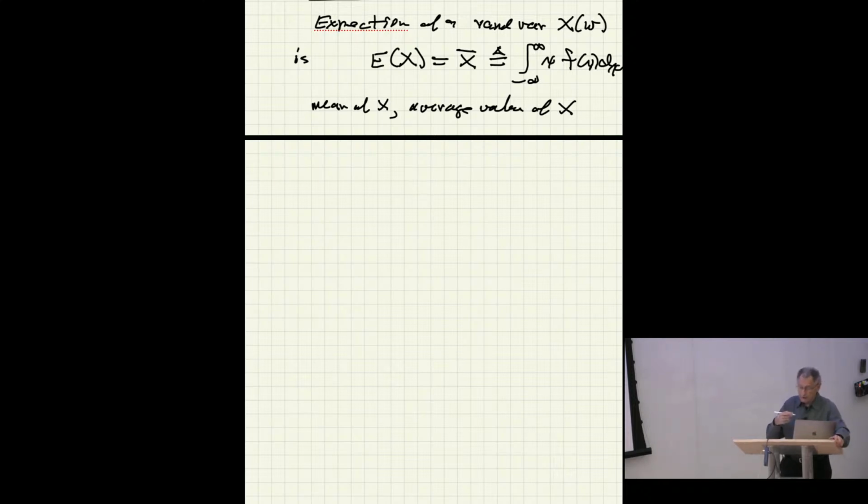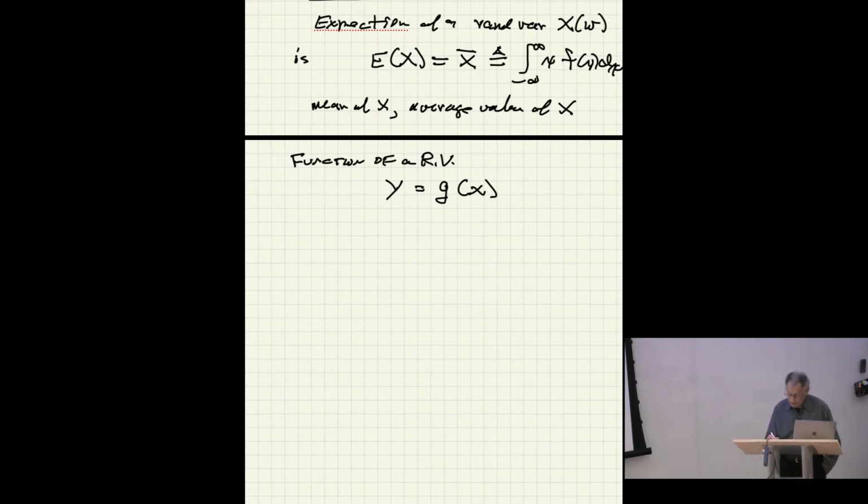Now let's look at something called a function of a random variable. Say we have a random variable y, which happens to be some function of another random variable x. For example, g of x could be x squared, or it could be some polynomial in x, or it could be the square root of x, some function of x, okay?